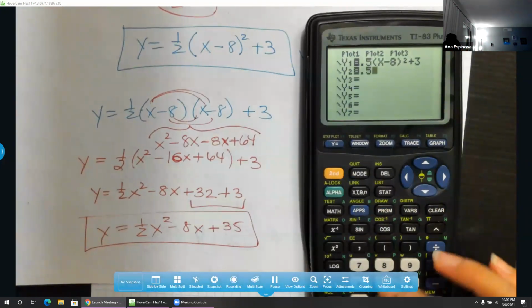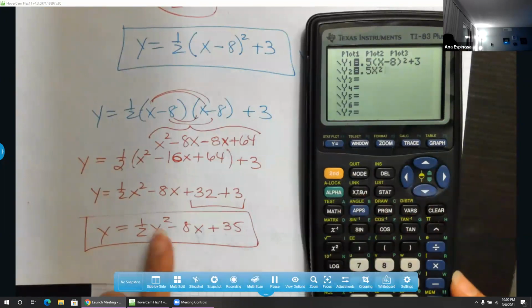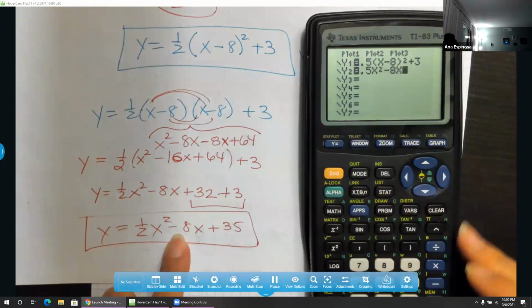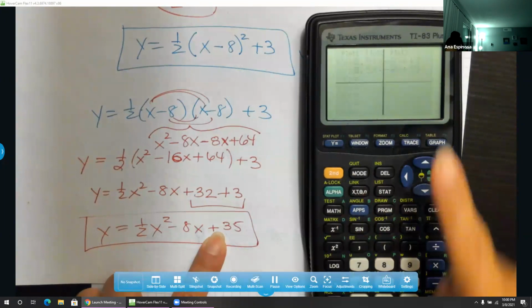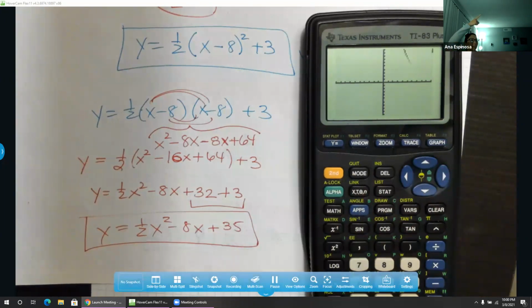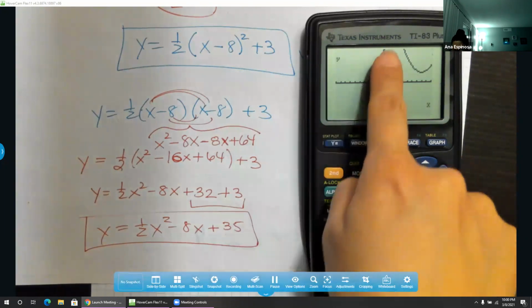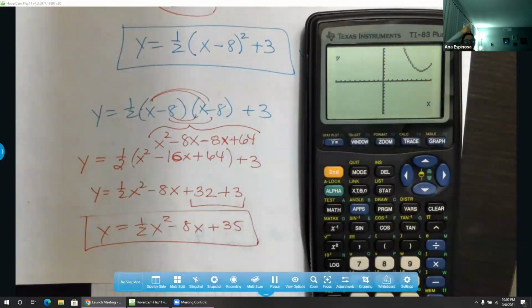And then 0.5 x squared minus 8x plus 35, and then I graph. So watch it graph the first one over there. If the second one doesn't graph right on top of it, then you did it wrong.